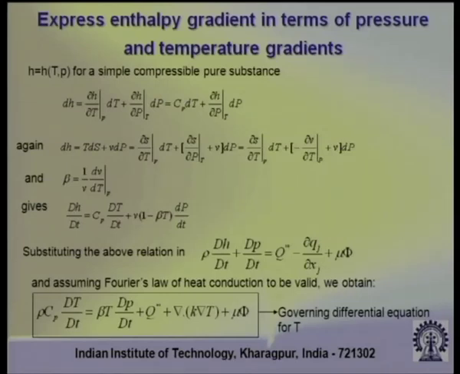On the right hand side you have one term due to the pressure work. This is beta T into the total derivative of pressure, which is somewhat related to volumetric dilation work. Then you have the heat generation rate per unit volume, then this is the heat conduction term.